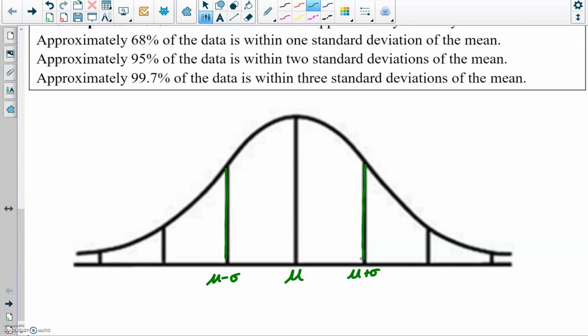This is something I alluded to when we talked about the spread. Standard deviation, one of the meanings for this being the average distance away from the mean, is that if they tell you the standard deviation, you add it and subtract it from the mean, and you know that more than half of the data is within there. And when it's a normally distributed data set, roughly 68% is between there.